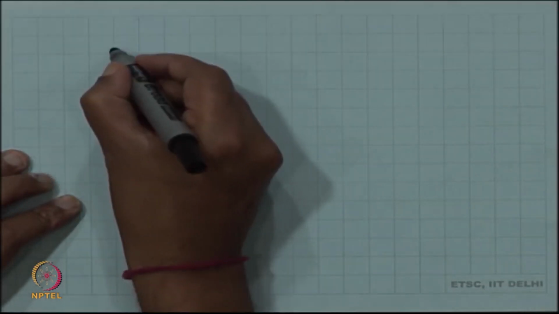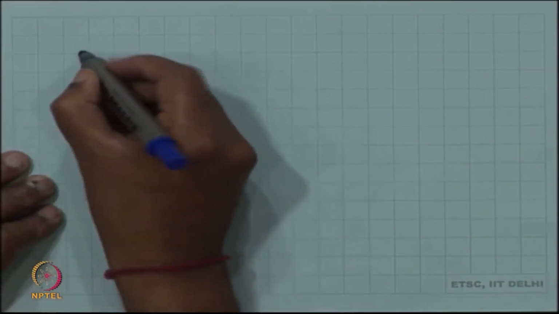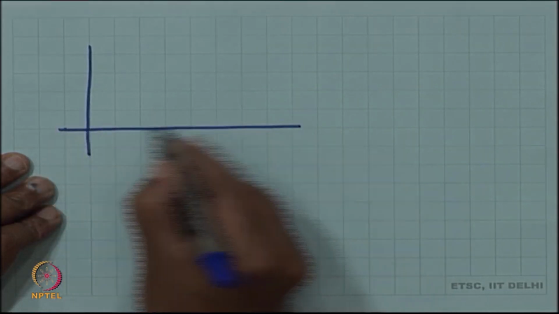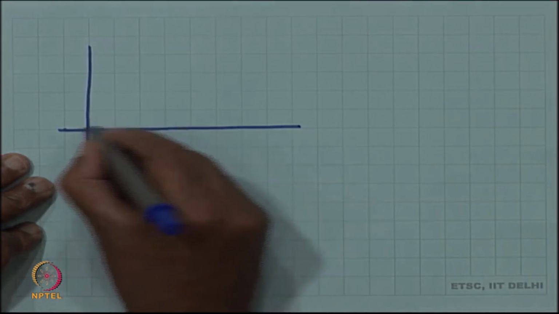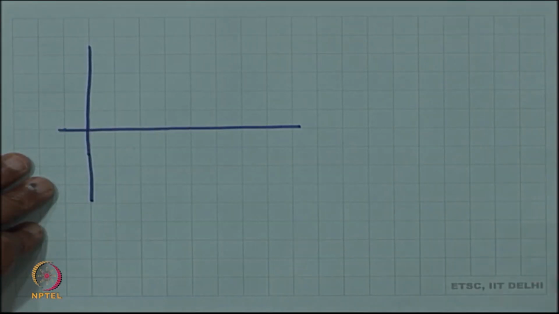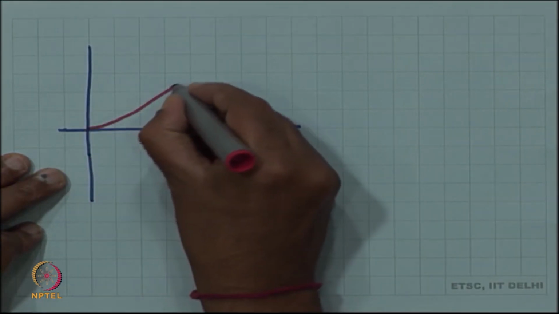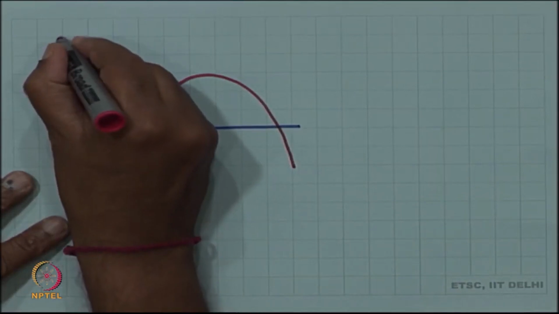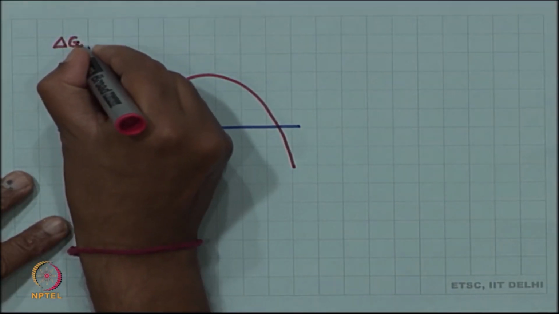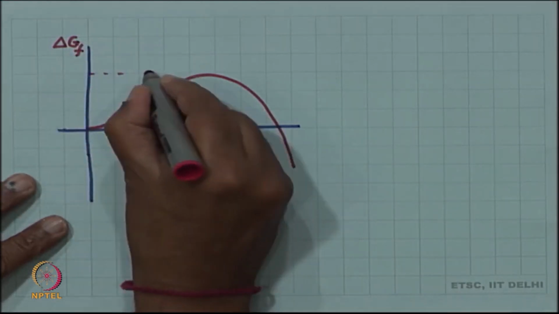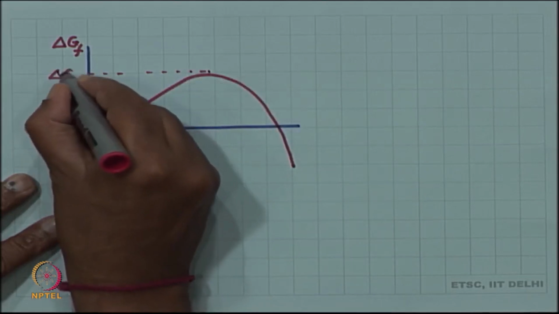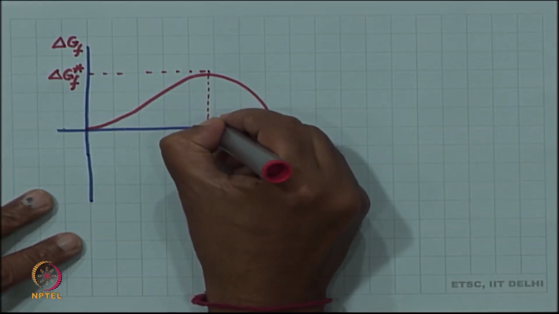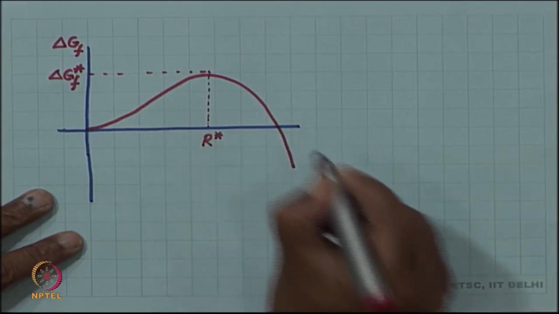We can try to draw this. Recall that in homogeneous nucleation we got a curve of this shape for delta G F. The maximum we can call delta G F star, and the radius corresponding to that is r star.